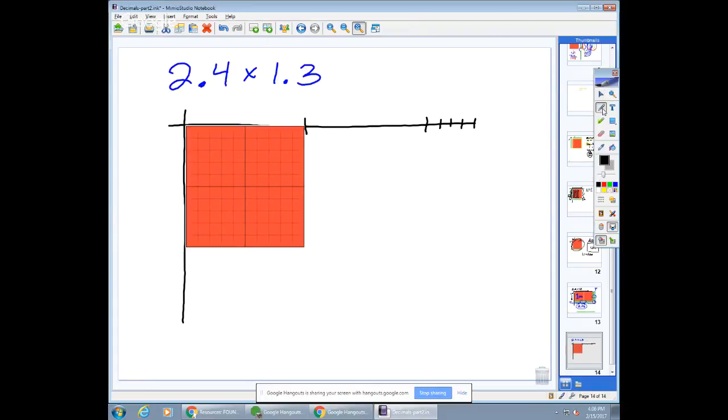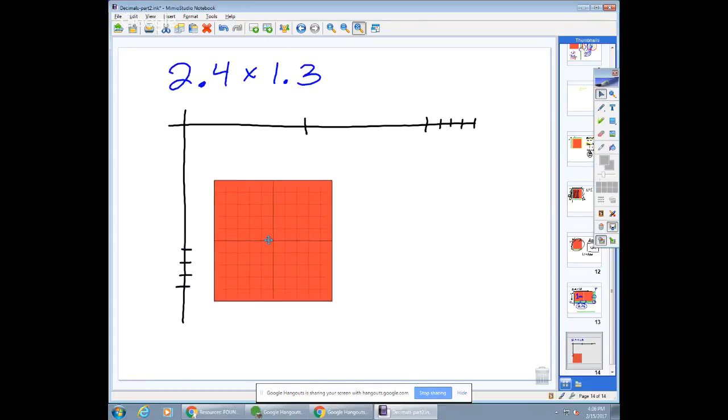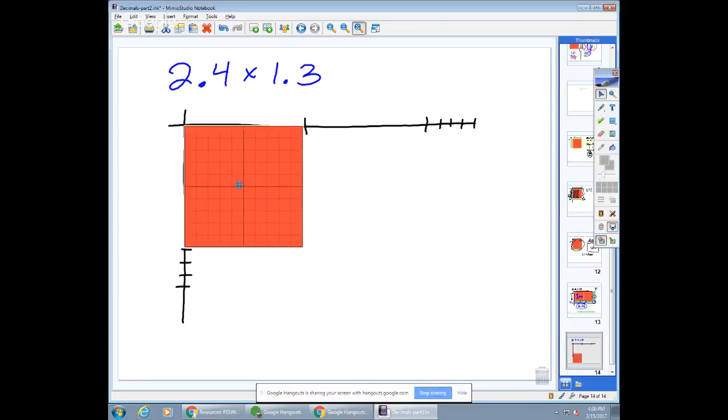And I've got to come down 1, and then my tenths. 1, 2, 3 tenths. All right, so I'm just going to stick you there for now. So my area is this region over here to the best of my artistic ability.